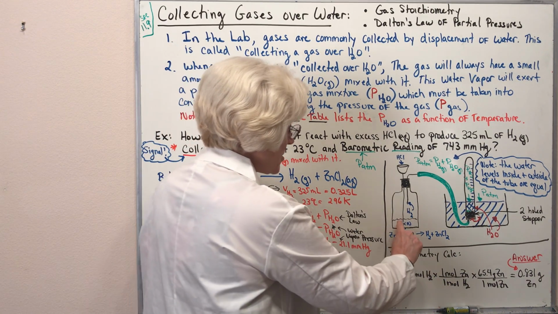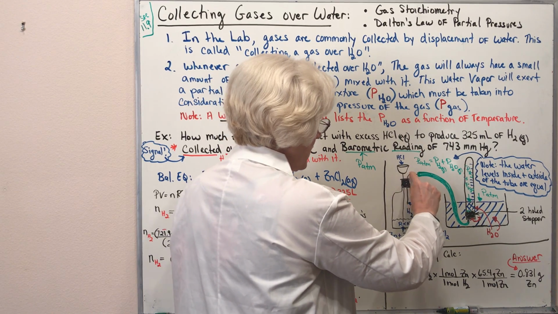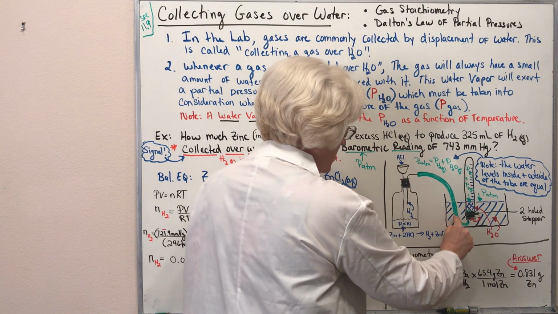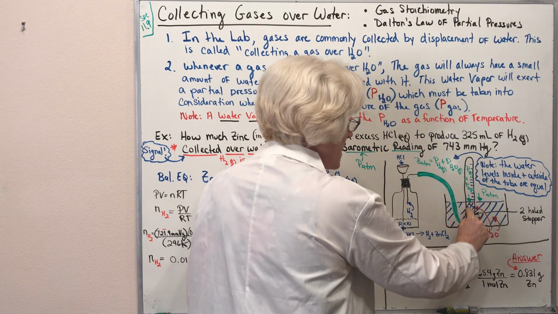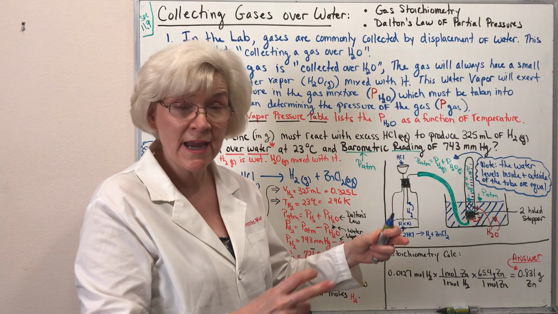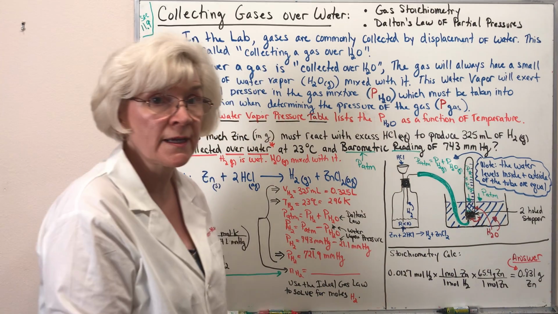So as the hydrogen gas is produced, it goes up into this bent glass tube, and then feeds into what we call a gas measuring tube. Looks like an extra long test tube that has volume markings on it.